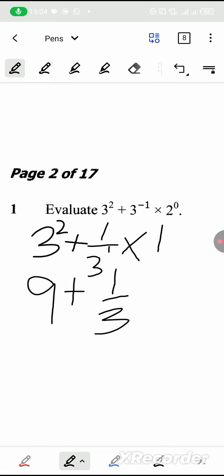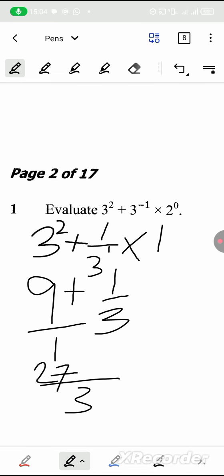From there we can find the common denominator. We say 9 over 1, and the common denominator is 3. Then 3 times 9 is 27, so 27 will be here, then the sign is plus.